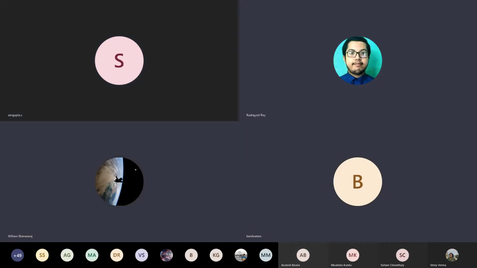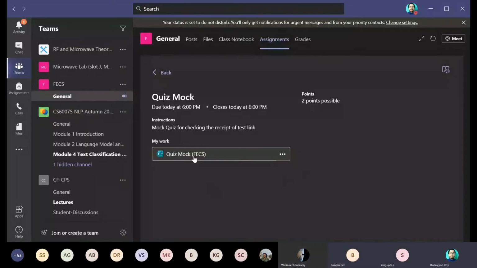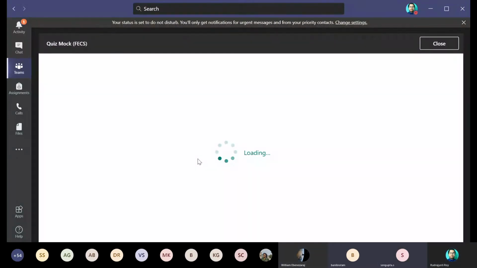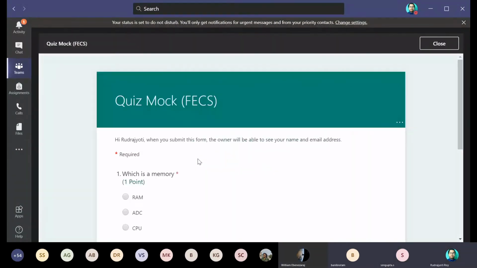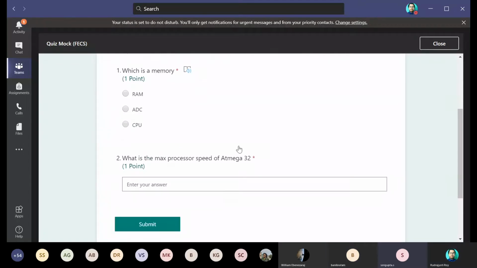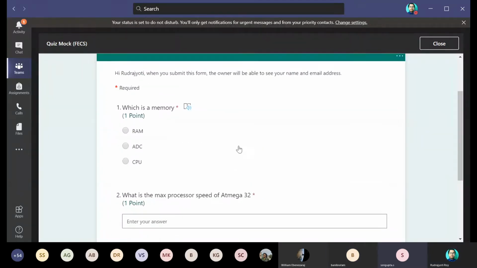Today is the mock test and tomorrow is the final test. This is just to see, just random points, you can fill up something.